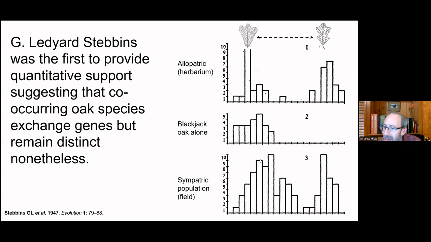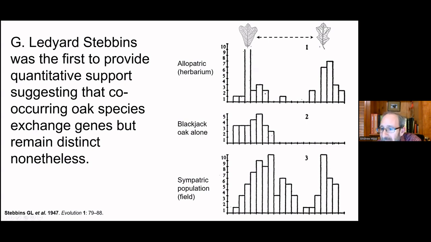But when they're growing together in one population, sympatric, living together in the same county, they appeared more similar to one another, suggesting that genes are moving between species, despite the fact that after over 200 generations of living together at the same site, those two species were still identifiable and distinct.